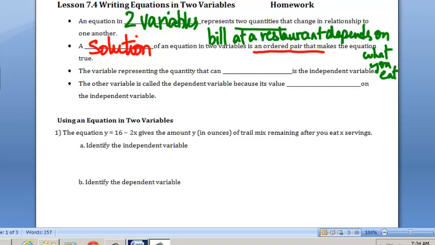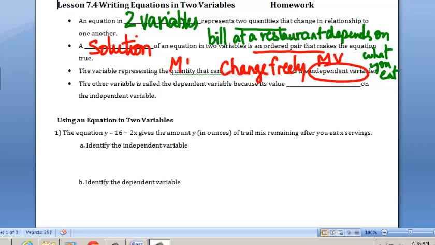Now, the variable that represents the quantity that can change freely is called the independent variable. Remember this from science? We call it the independent variable or the manipulated variable. And if I'm not mistaken, you were asked to remember the MIX for independent variable, which is manipulated variable, independent variable, and it goes always on the x-axis.